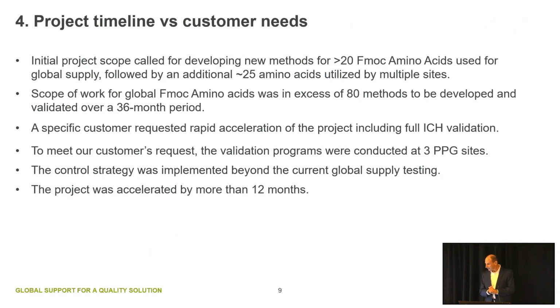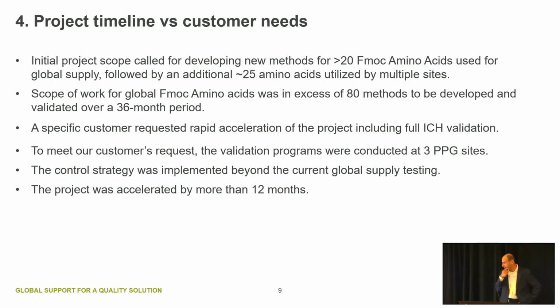So we embarked on this project 2 years ago to revamp and rejuvenate our control strategy. And we were looking at the 20 Fmoc amino acids first, which are part of our global supply. As I mentioned, our suppliers do conduct testing, but we conduct all the testing ourselves as well, just to provide us additional assurance. And this was the first step of the process, really, to look at all the 20 amino acids.